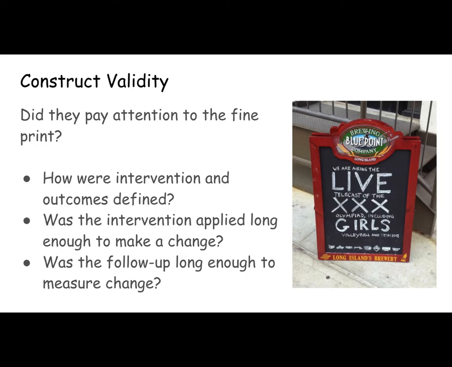How was that defined? Construct validity is especially important when you've got complex interventions that have multiple parts, or maybe they're being done at home, outside of the supervision of a clinician. And also when you've got outcome measures that aren't these clearly objective measures like range of motion, things like pain or quality of life, things that are a little bit harder to define and measure.